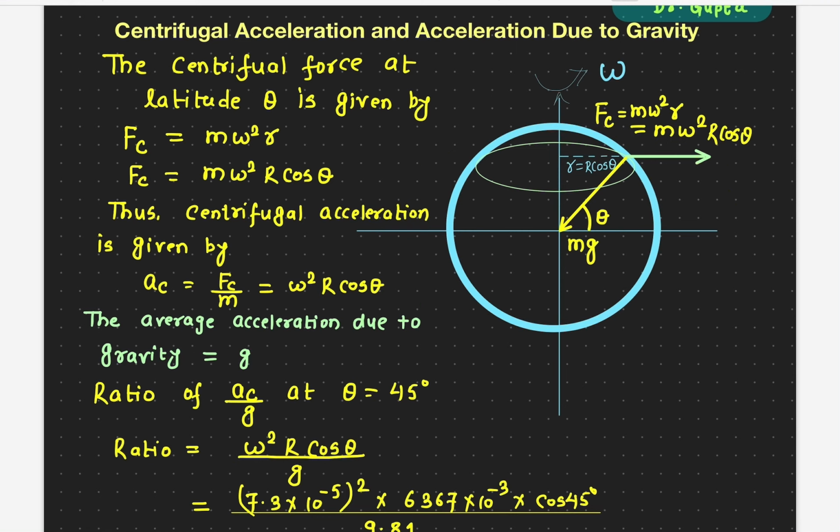All right, and what's the value of the centrifugal force? This is the value. If I compare the centrifugal force and the weight, or the centrifugal acceleration and the acceleration due to gravity, let's take out the ratio.